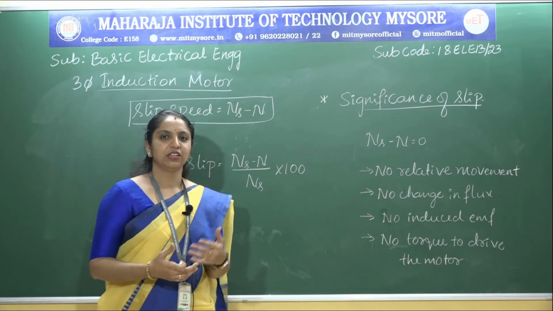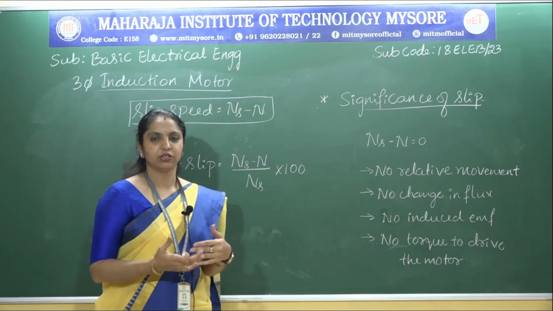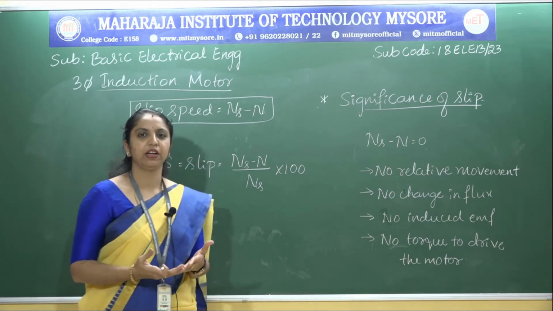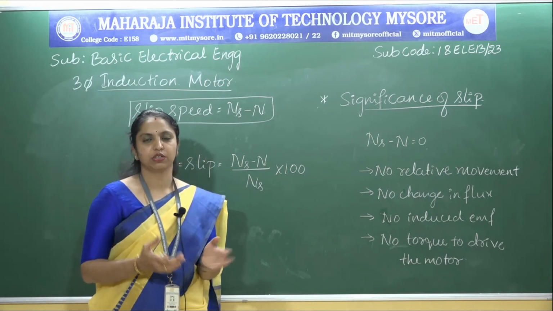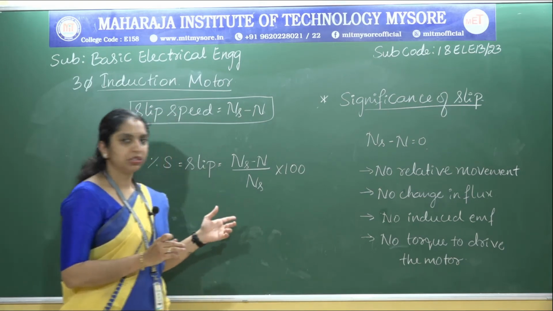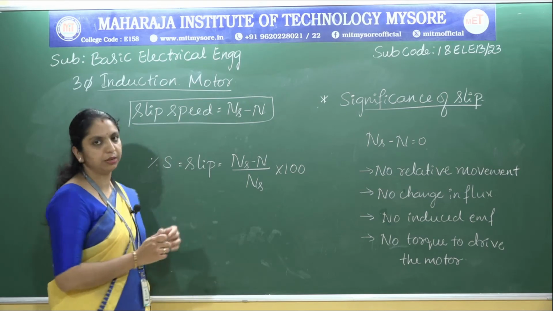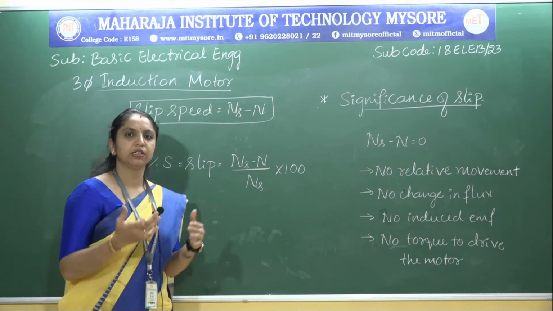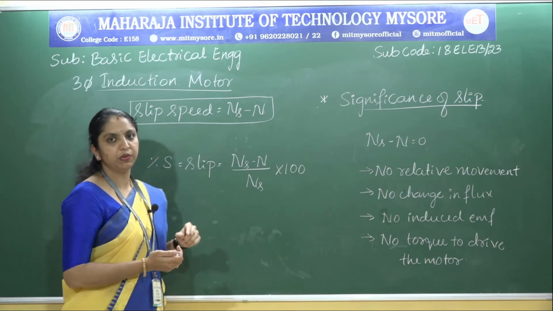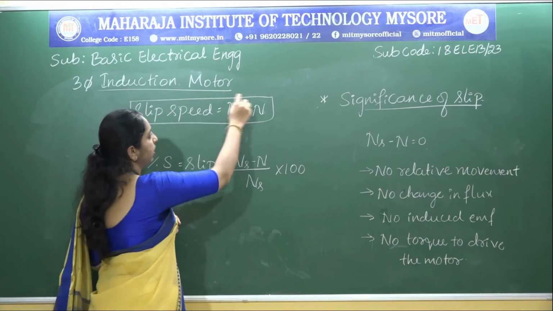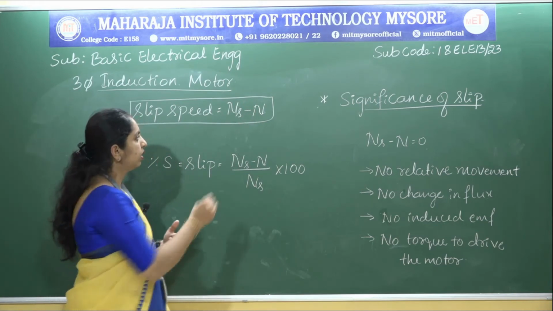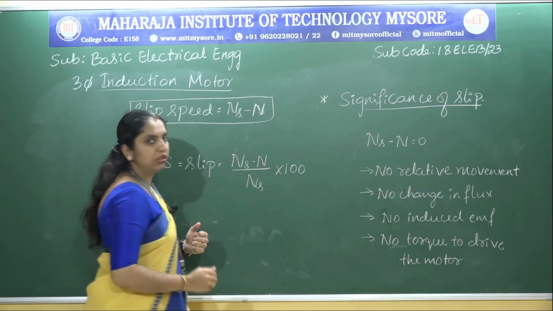Next, based on this ns and n, where ns is the synchronous speed, that is the speed of the rotating magnetic field, and n is the speed of the rotor, we are going to define two terms. One we call slip speed. What is slip speed? Slip speed is the difference between the speed of the rotating magnetic field, which we call synchronous speed, and the speed of the rotor.